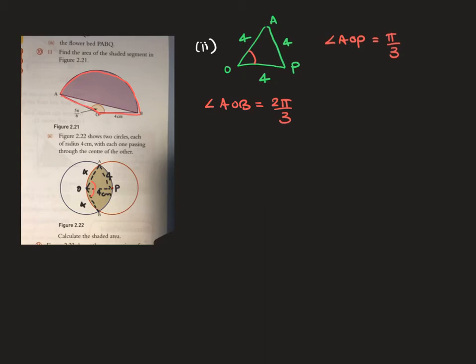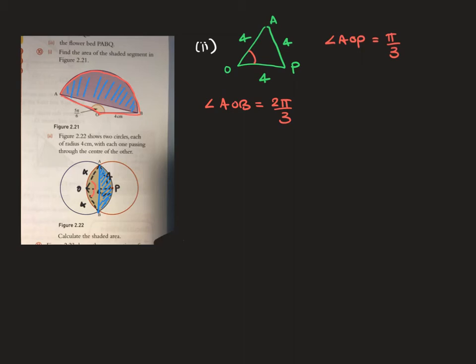Now, if I draw a blue line that joins A to B, hopefully you can see that this blue stripy region here is a similar sort of region to the one we calculated in part 1, and that makes up half of the shaded region that we are actually looking for.